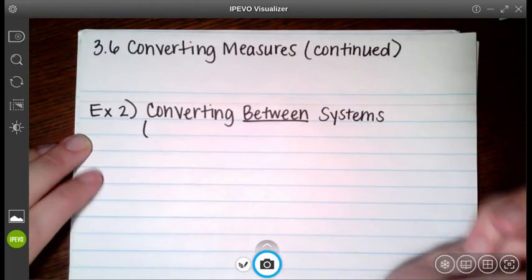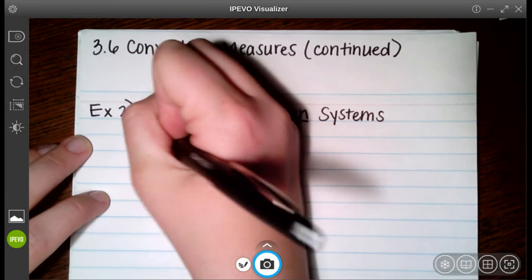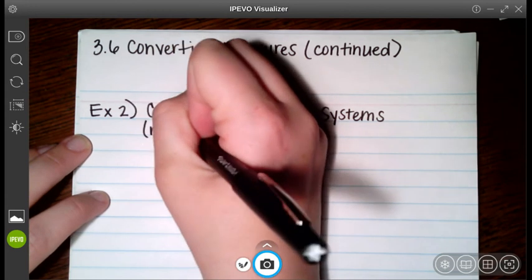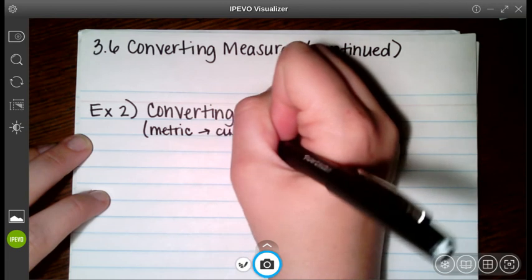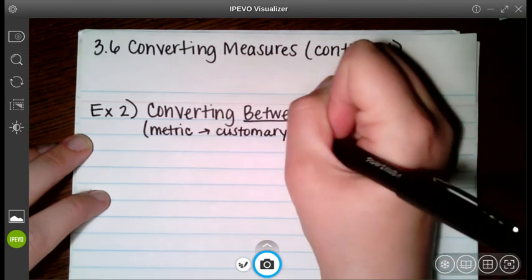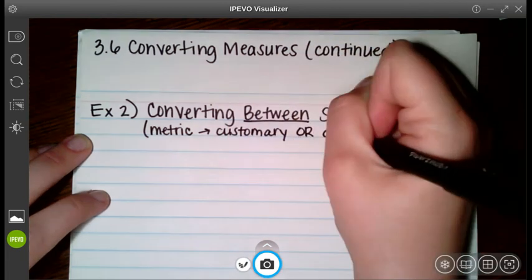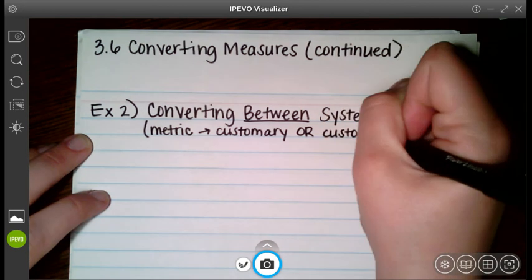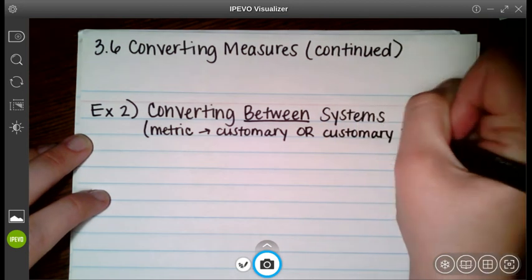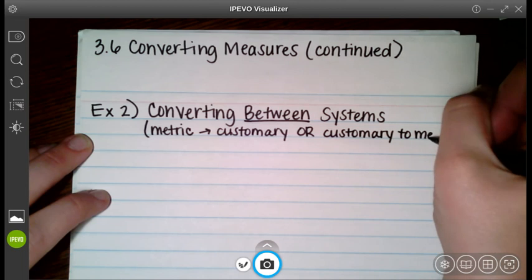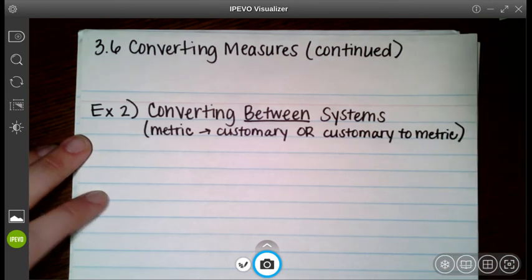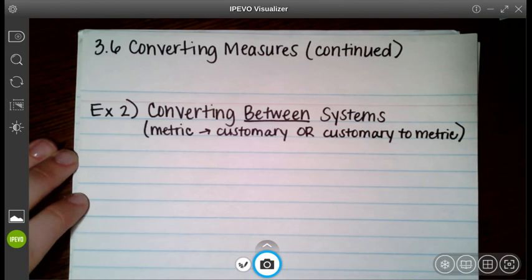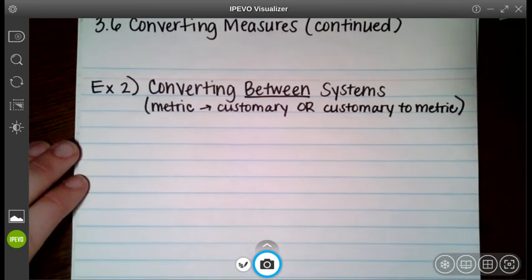And if you want to leave yourself a little note, metric. Remember, you can always pause this video if you need more time copying notes down.